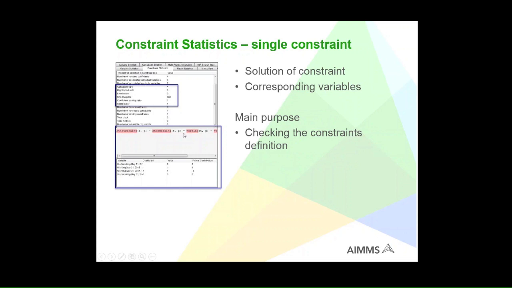But it will also show you the definition of the constraint, so you can see what that constraint is in terms of symbols, what you basically wrote, and how it is in your model with your coefficient, the actual value, and then the primal contribution. So you can verify what happens in this particular constraint.